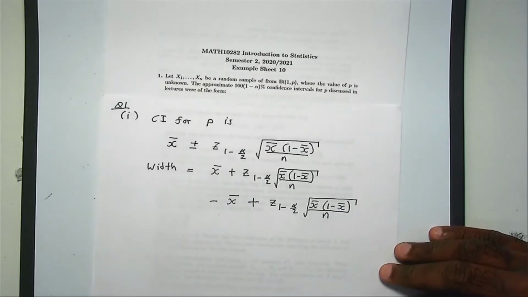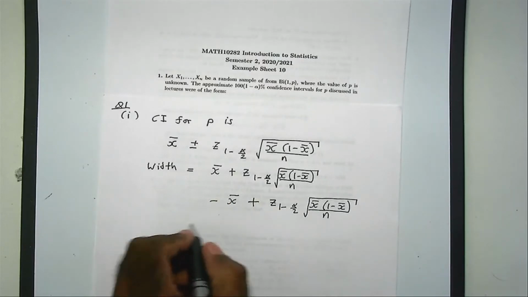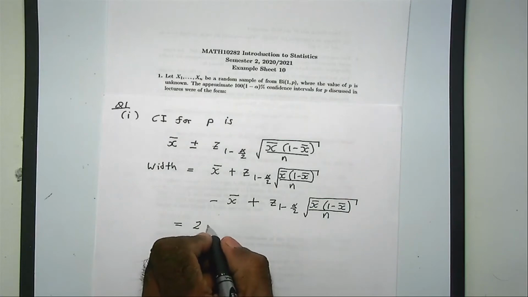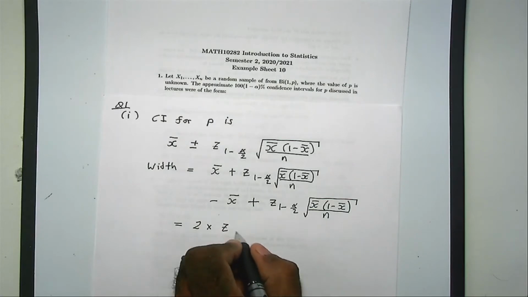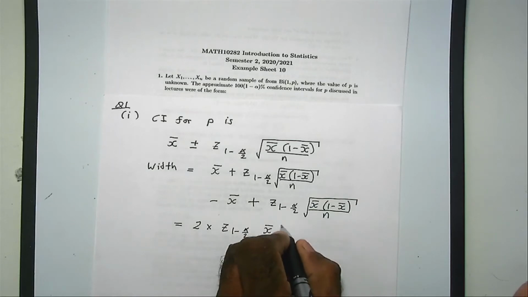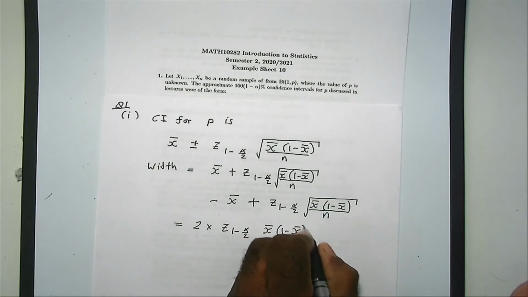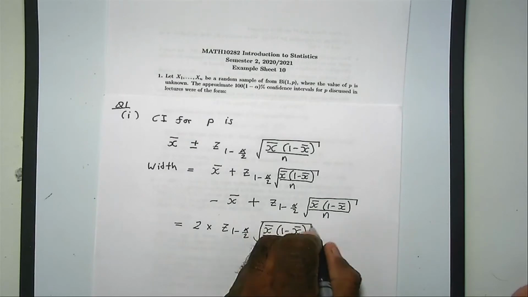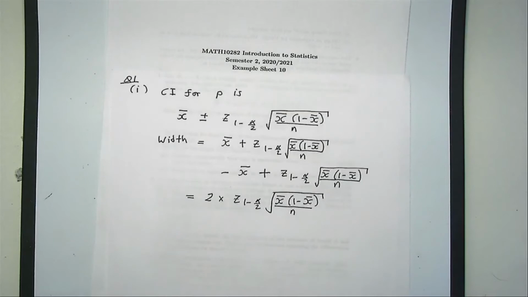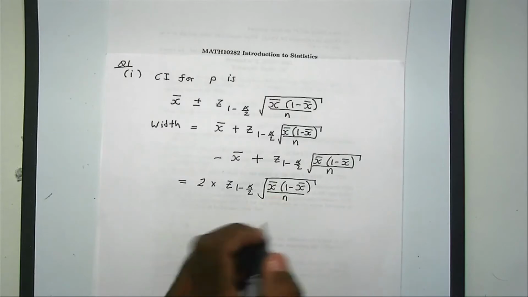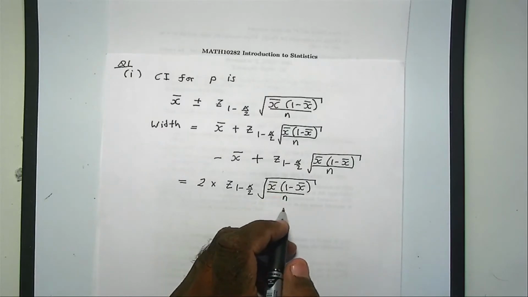If you compute this, it will be 2 times the z term times the square root. So this is the width of the confidence interval. By the way, here x bar denotes the sample proportion, not to be confused with the sample mean.